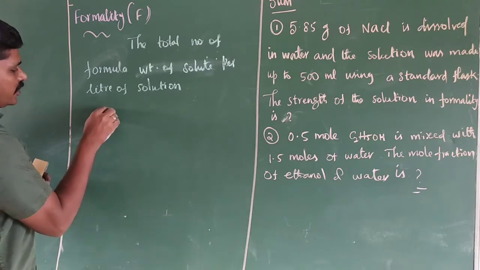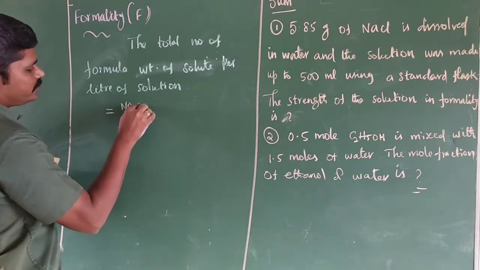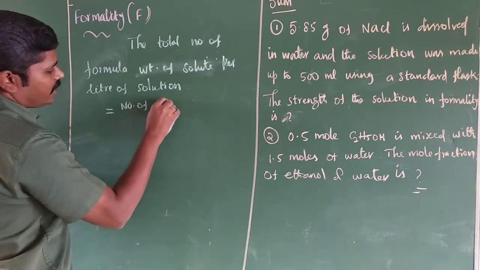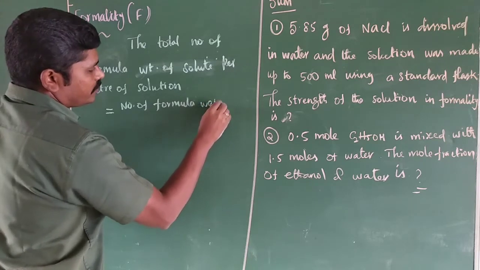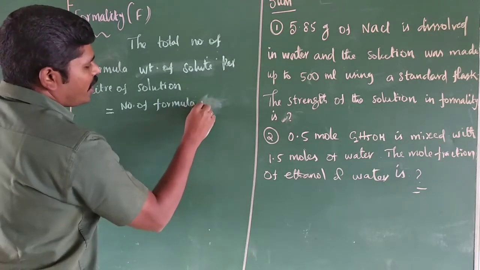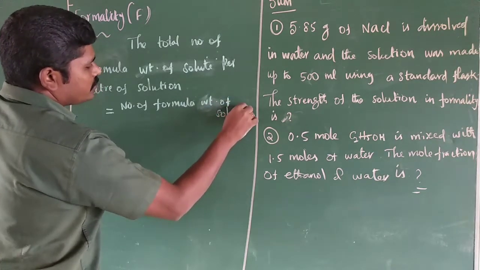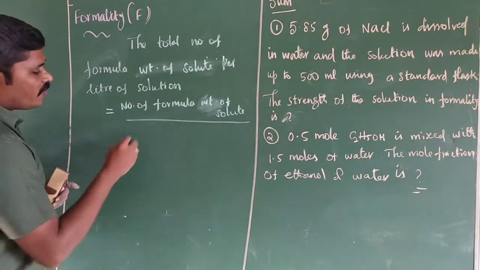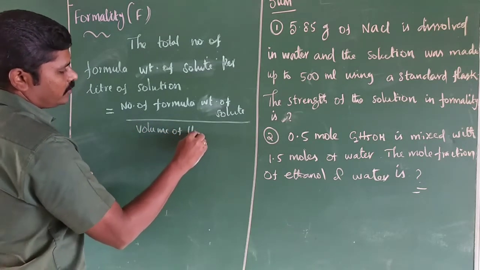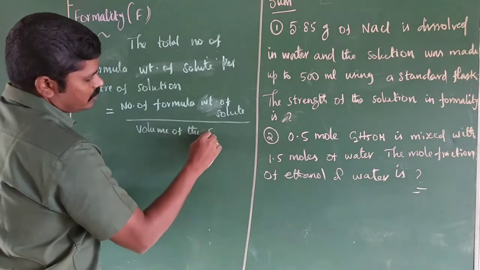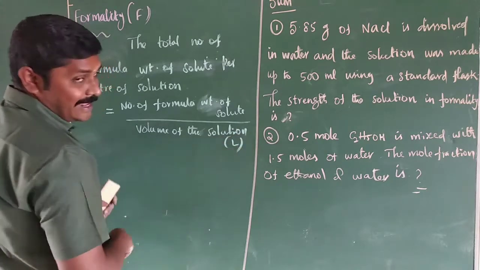Okay, so formality is equal to the number of formula weight of solute divided by volume of the solution in liter.